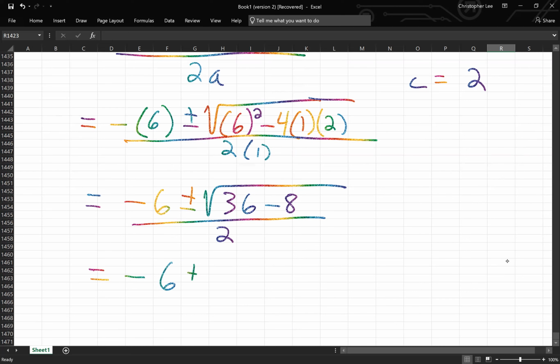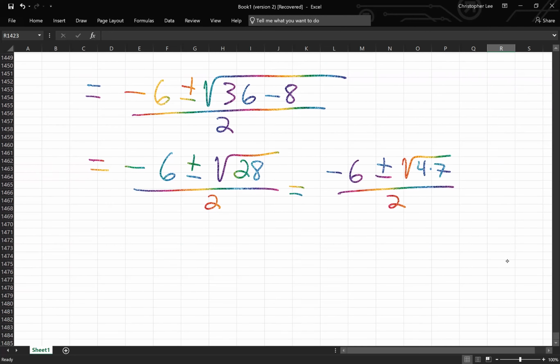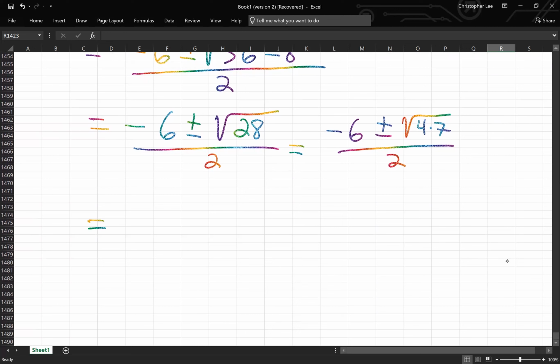So -6 plus or minus square root 28, all divided by 2. And 28 is 4 times 7, so -6 plus or minus square root 4 times 7 over 2. You already know square root of 4 is 2, so I have -6 plus or minus 2 square root 7 over 2.